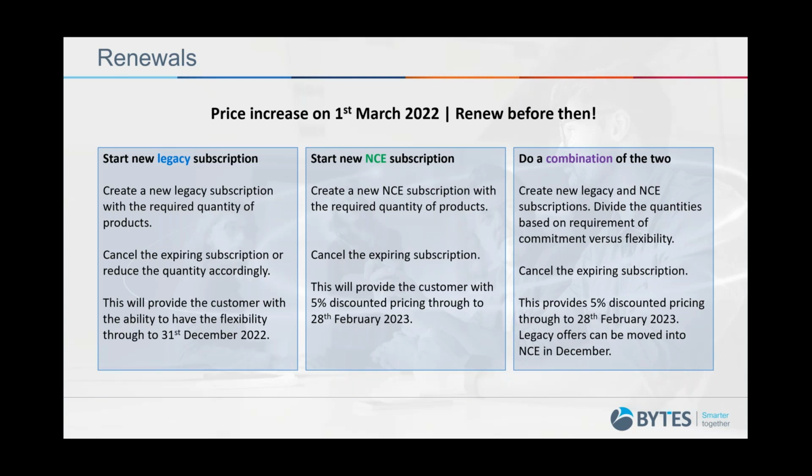By base level, I mean the number of users that don't need to change or don't need the flexibility. And then perhaps you might want to retain some legacy subscriptions for those users that need to have flexibility. So let me walk through some examples.